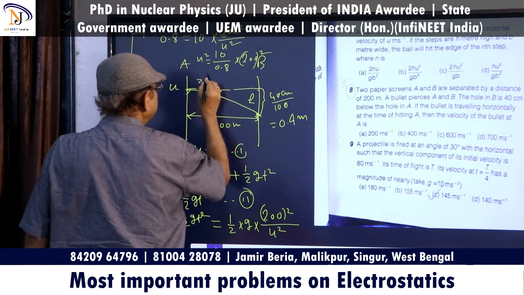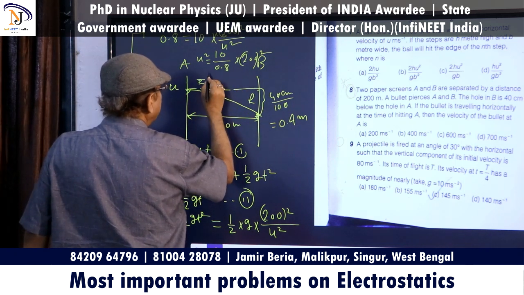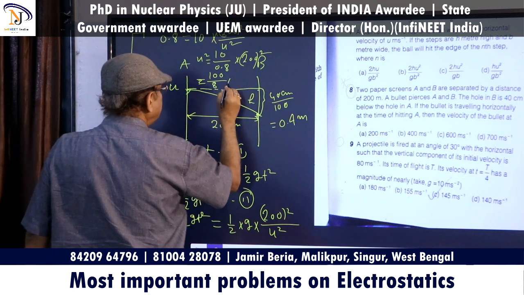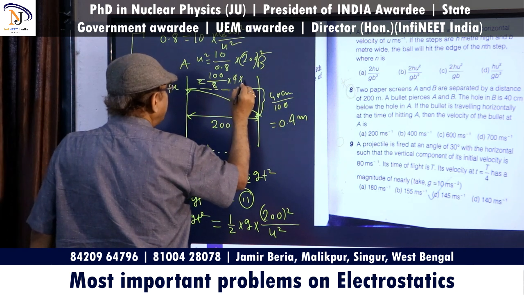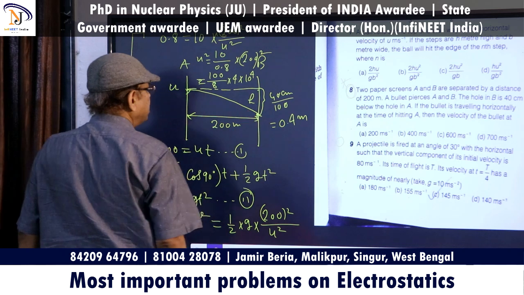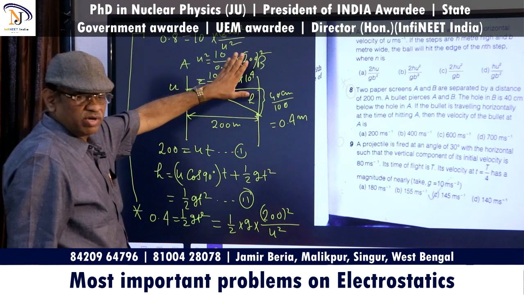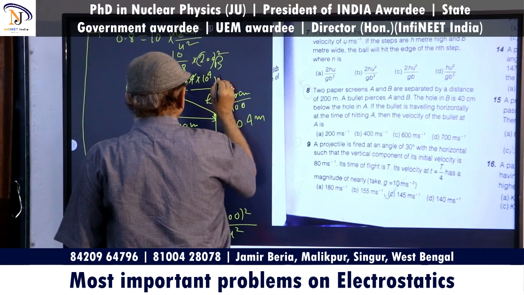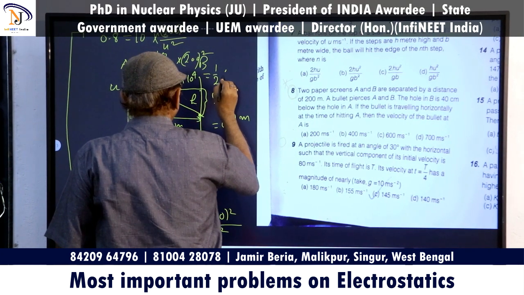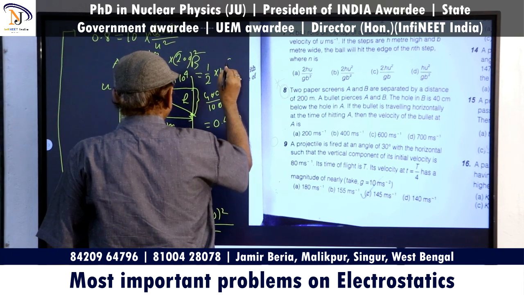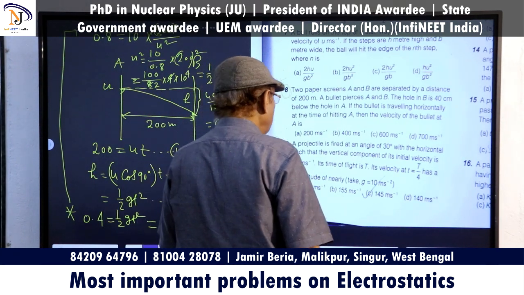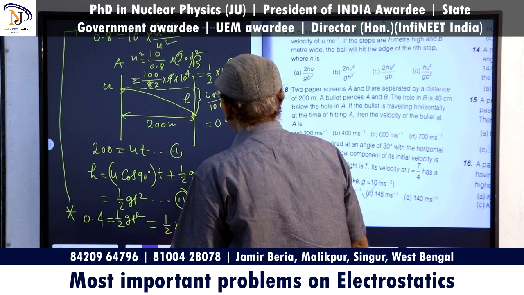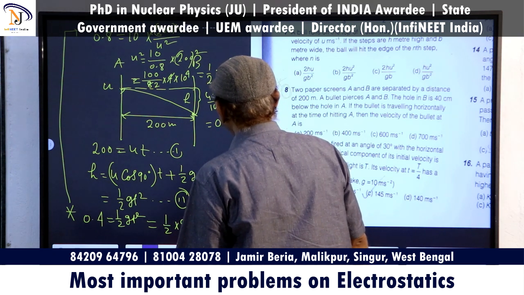That means 100 by 8 into 2 to the power 4 into 10 to the power 4, that is equal to half into 10 to the power 6.